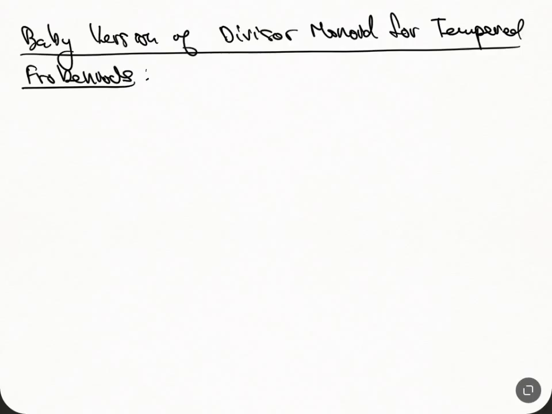So here's what we do. We need to take a tempered covering, and to this tempered cover we need to associate a monoid. So here's the baby version.